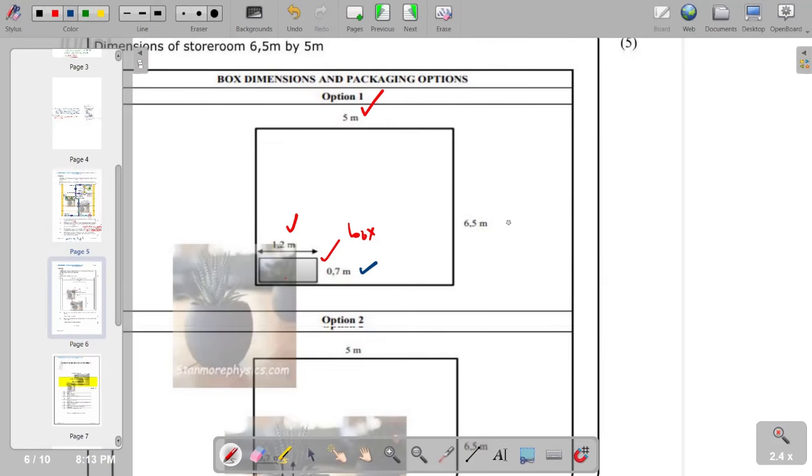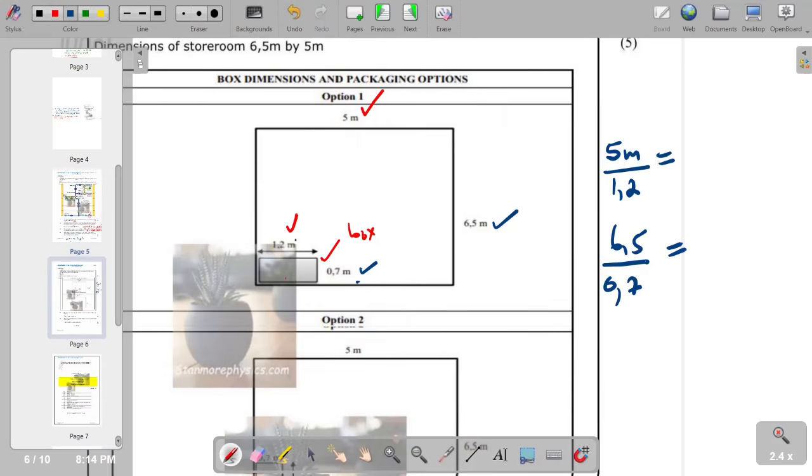So we divide, and then we multiply the answers that we get. In this case, we say 5 meters over 1.2, and on the other side, 6.5 divided by 0.7. So we calculate it in that way and see what we get.